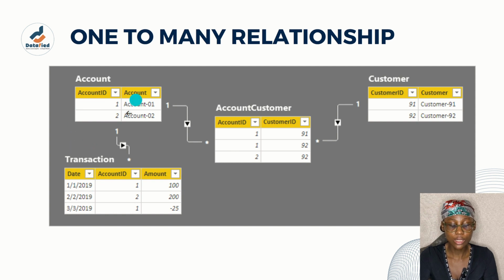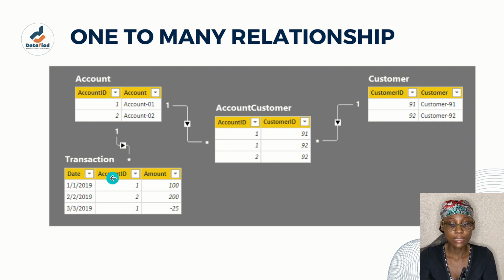Then in our transactions table, we have date, account ID, and amount. The unique thing that is connecting these two tables is the account ID. So for you to link your fact table to your dimension table, there should be a unique identifier in both tables. And for this case, our unique identifier is the account ID.